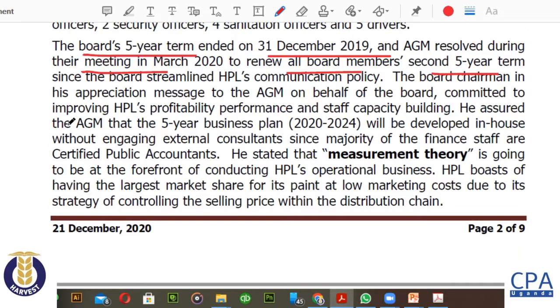He assured the AGM that the 5-year business plan 2024 will be developed in-house without engaging external consultants, since majority of the finance staff are certified public accountants. See, so you are the ones, you are experts.